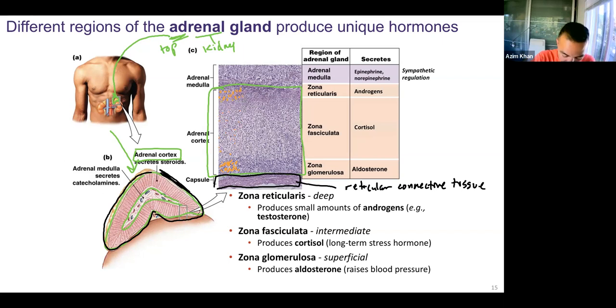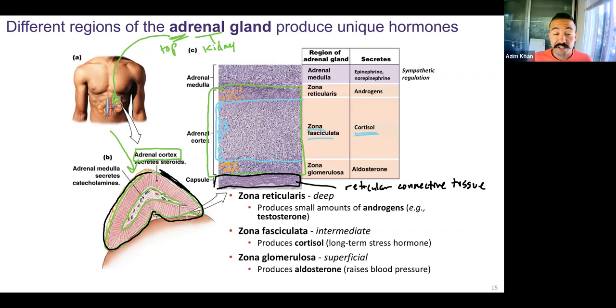Here in the middle, which I'm going to color in blue, where we see more white space, this region is called zona fasciculata. This middle region of the adrenal cortex is called zona fasciculata, and this is what produces and releases cortisol to produce long-term stress effects.